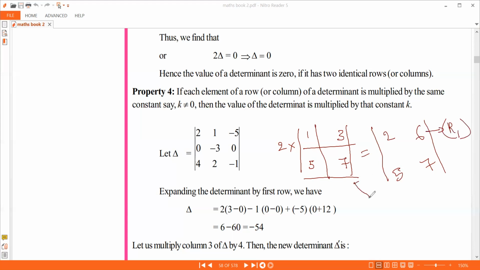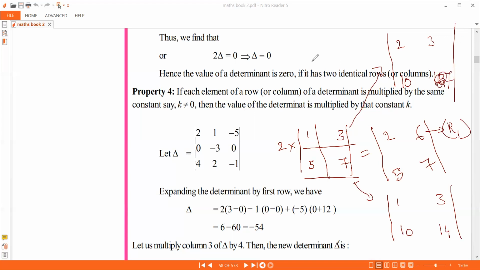Next, another possibility: I can double the second row. 1, 3, 10, 14. Or another possibility, only this column: 2 and 10. 2, 3, 10, 7.